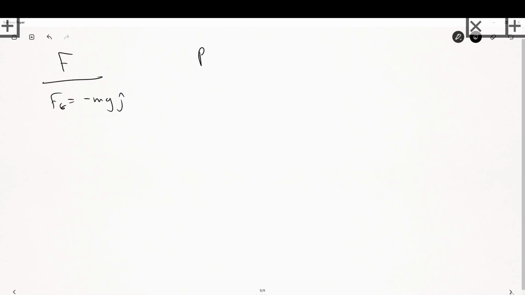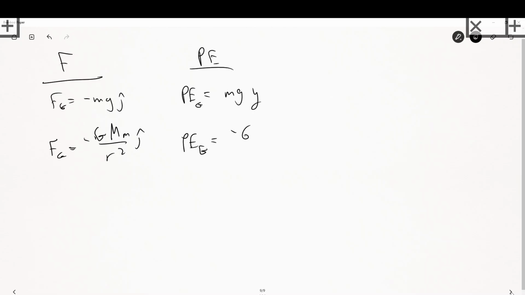And the potential energy for that is mgy, right? If y is the elevation above the ground. Then we have Fg equals minus G m over r squared j hat. The potential energy for that is minus G m over r.